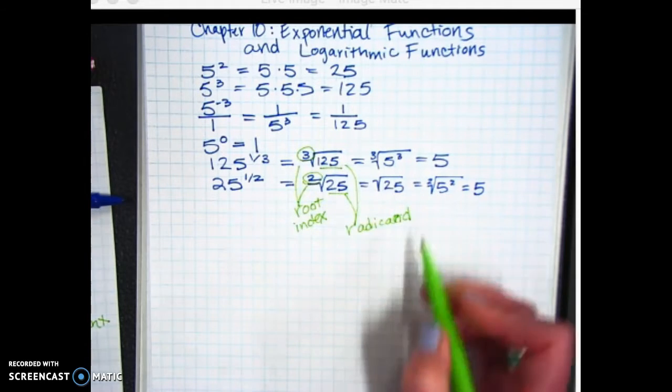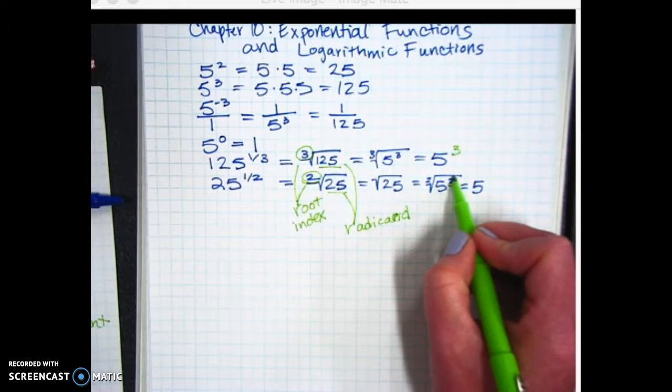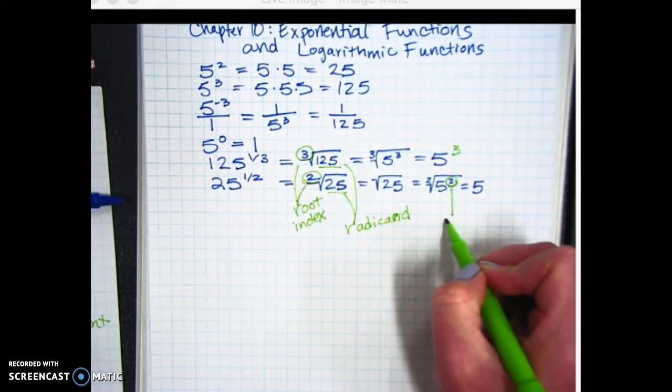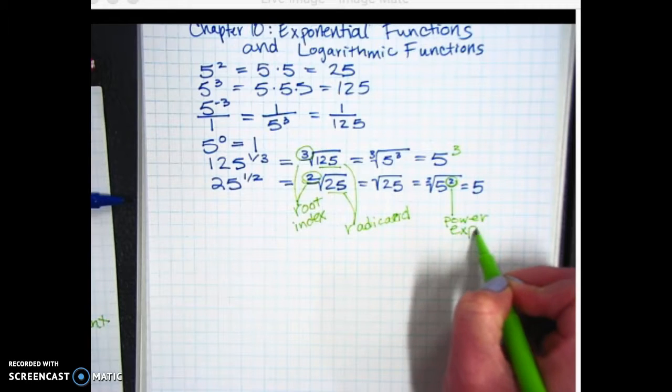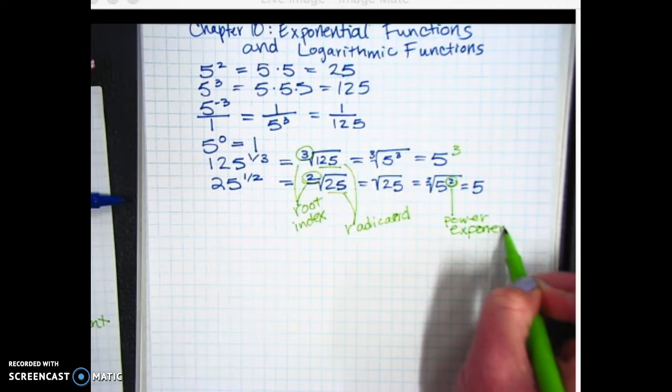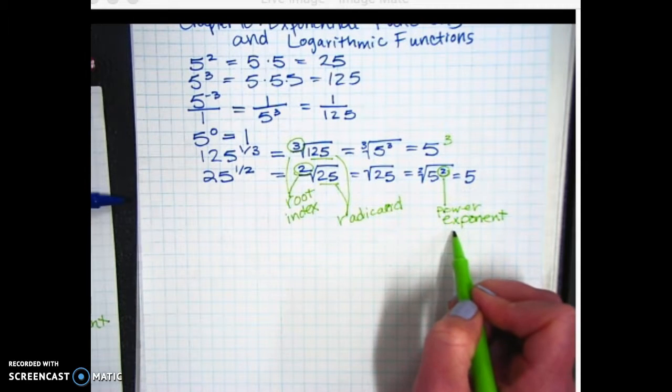And if you have, I forgot to write a 3 right there, if you have a number right here, this is the power or the exponent. Sometimes people will call it the power, sometimes people will call it the exponent.